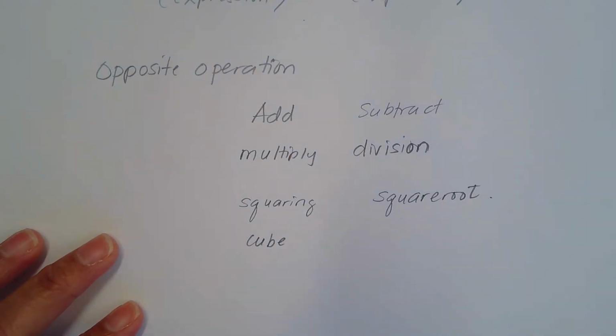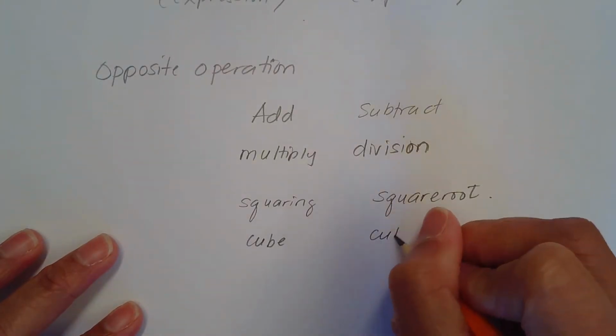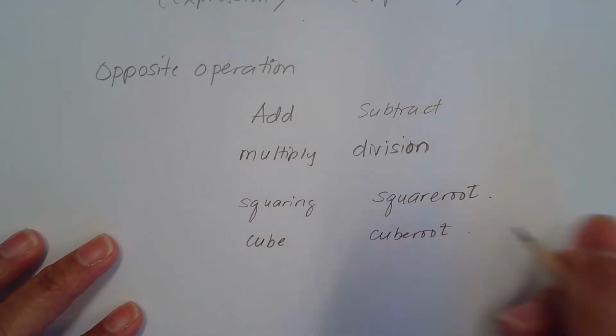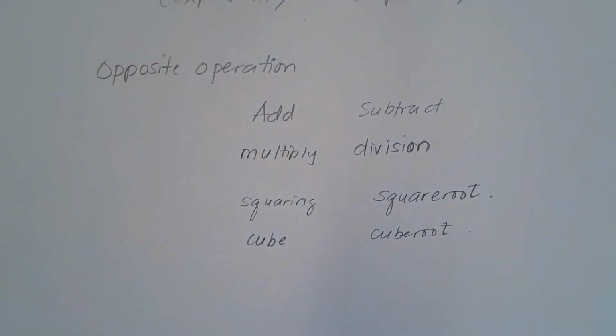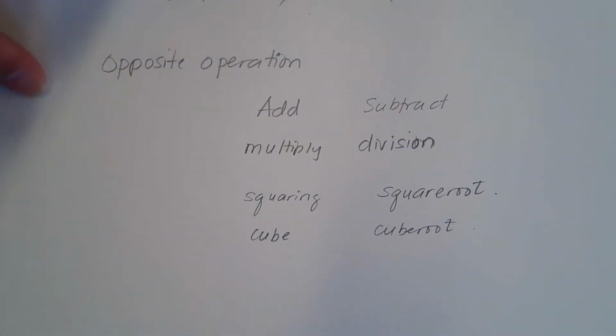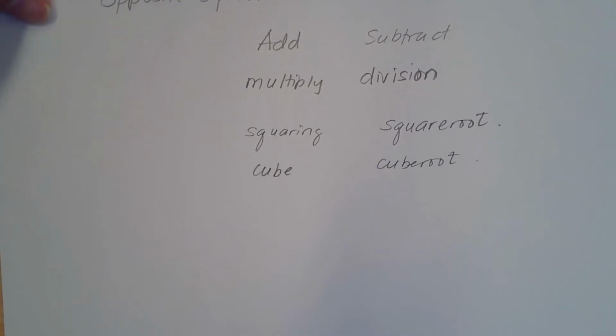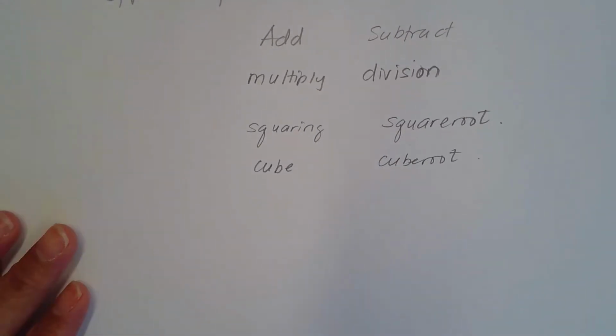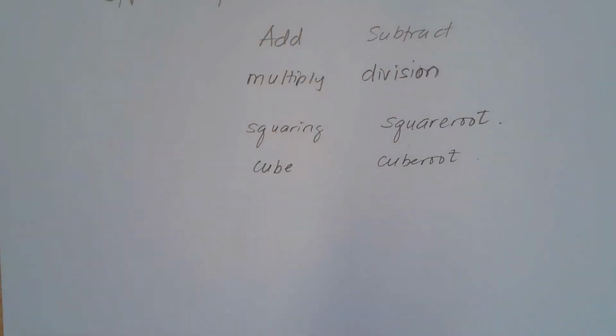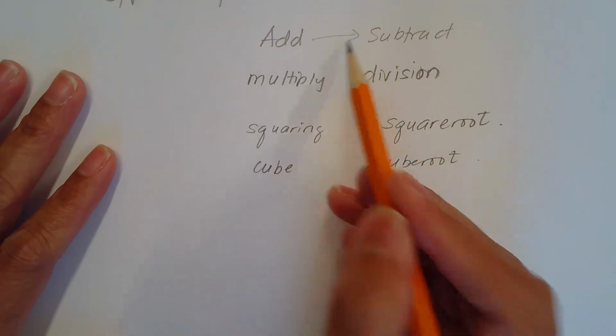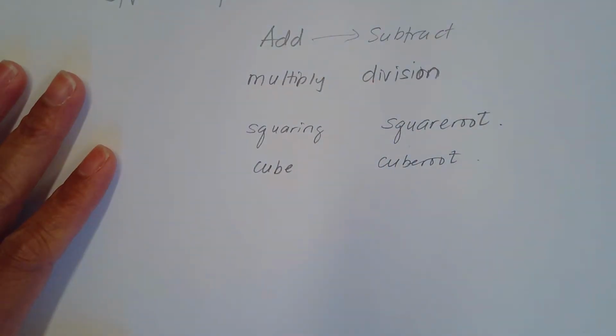Cube root. Okay, so these are some of the operations that we're familiar with. So if we want to undo something that got added, we have to do the opposite, which is subtract.